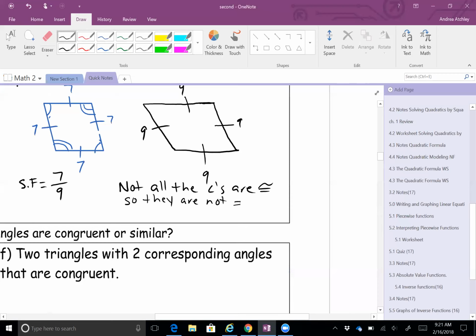So they're not similar. Not all the corresponding angles are congruent, so they're not similar. Any questions? Because they need both sides to be proportional and all angles need to be congruent.